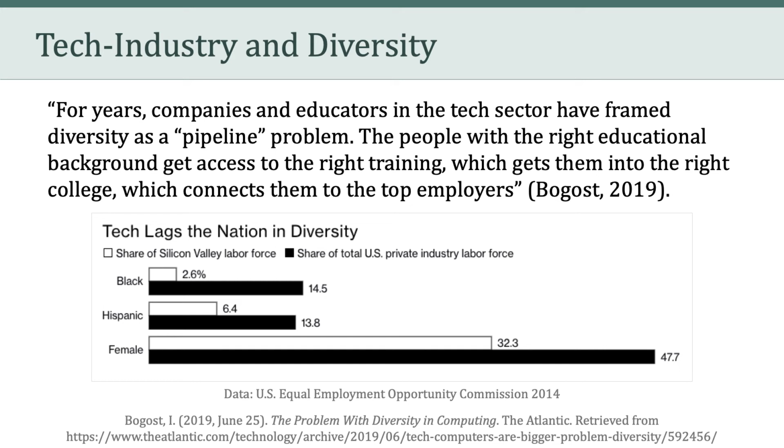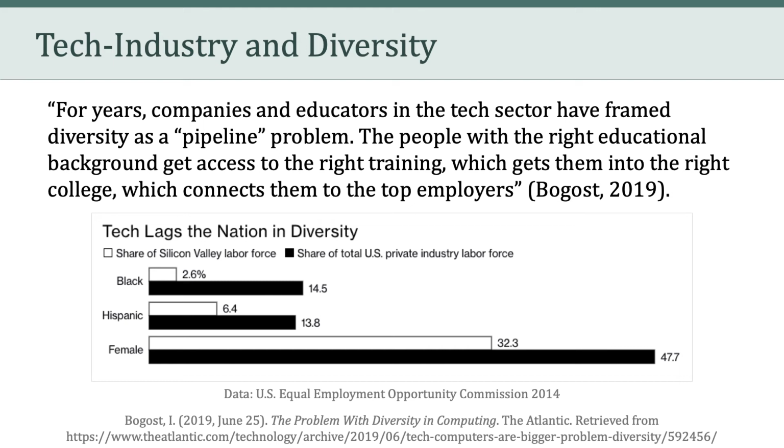The people with the right educational background get access to the right training, which gets them into the right college, which connects them to the top employers. So we're seeing this kind of vicious cycle that self-perpetuates inequality, and some would argue is actually making inequality worse, even though technology is often billed as a means of addressing some of these important societal ills.